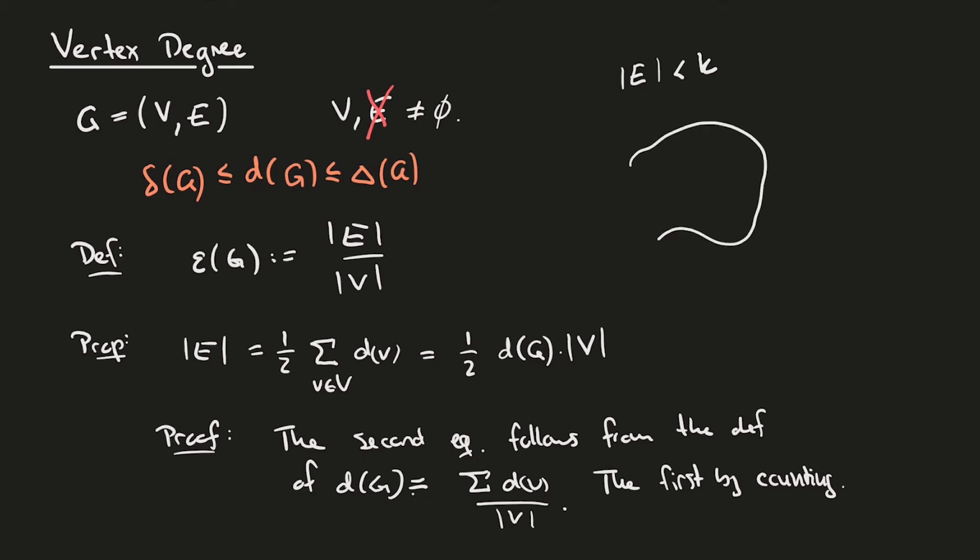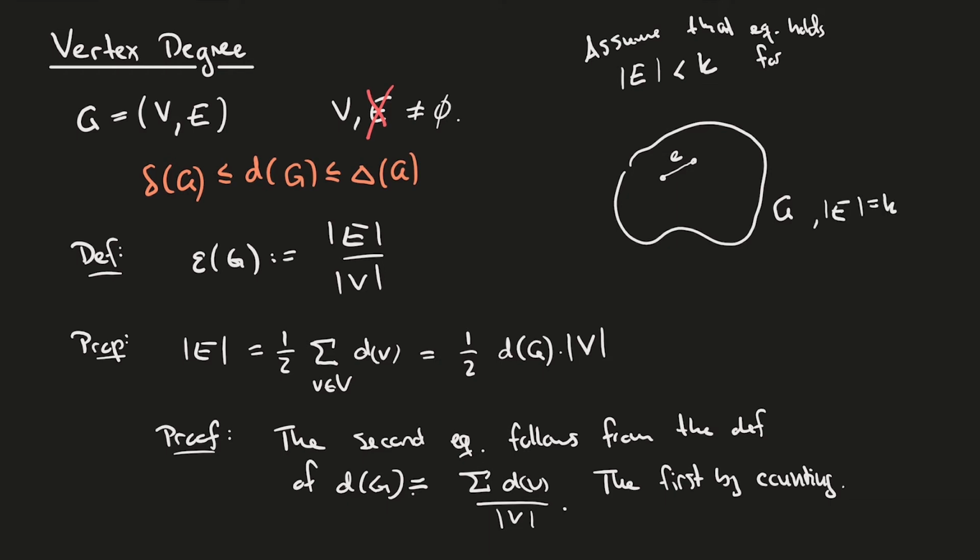For this, we consider our graph G, and we isolate any edge in G. Let's call it e. To reiterate, we assume that the equality holds for all graphs that have less than k edges.